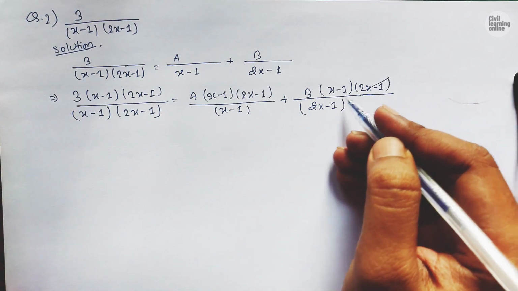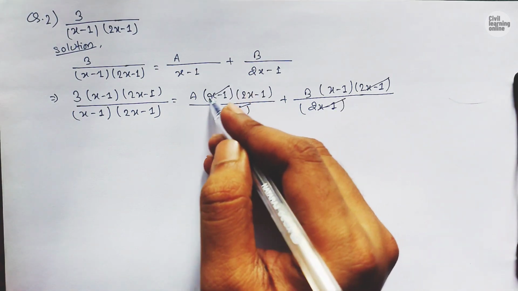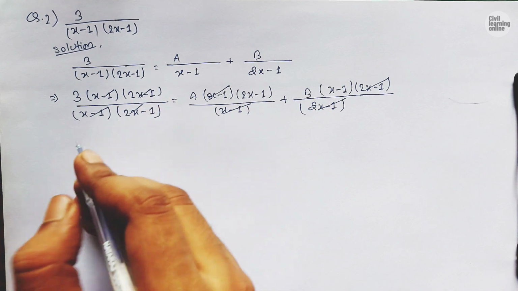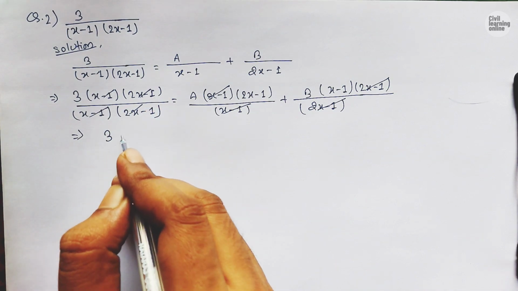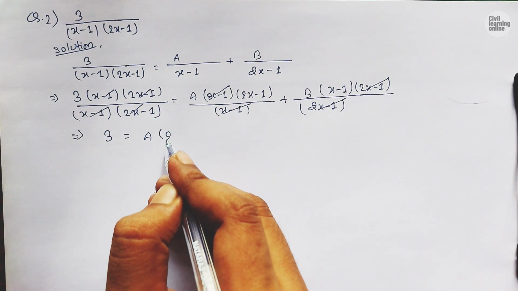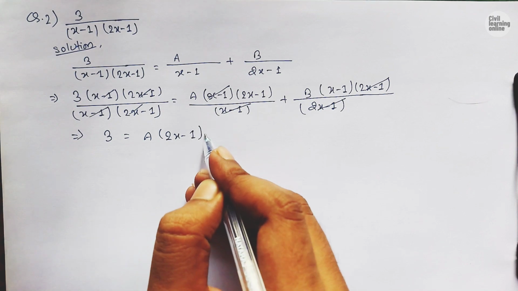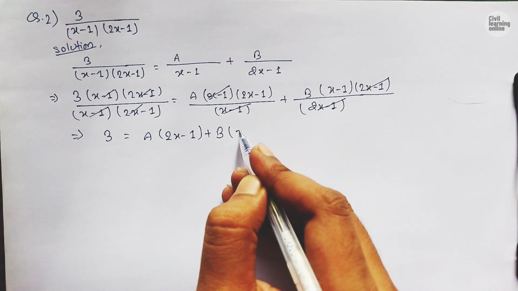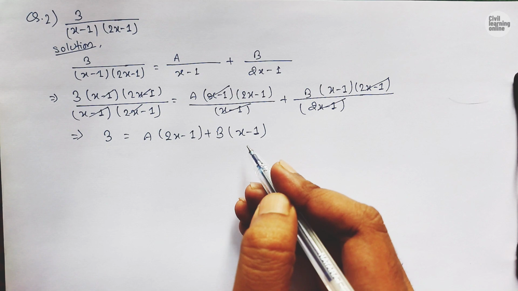So cancel out the like terms, so we will have remaining here 3 equals to a times 2x minus 1 plus b times x minus 1.